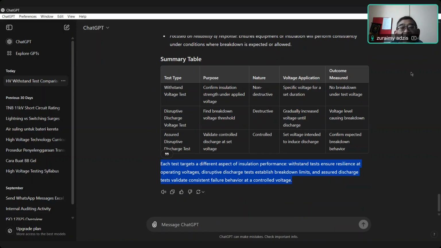Okay, we have done the AC stress and DC stress. We know the differences and the requirements of the voltages to be set for the test. Now later we can focus on impulse.